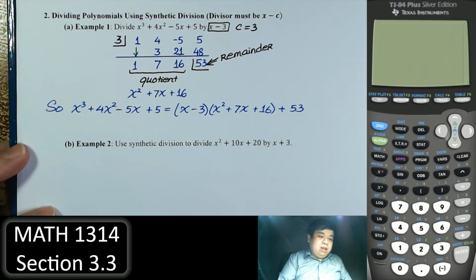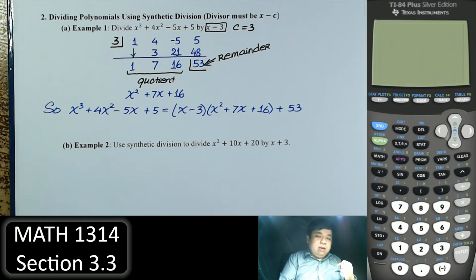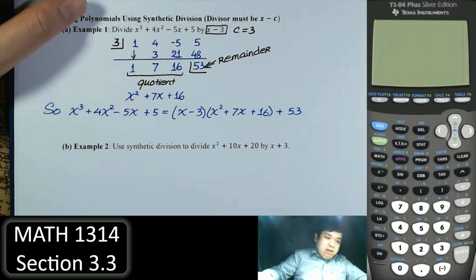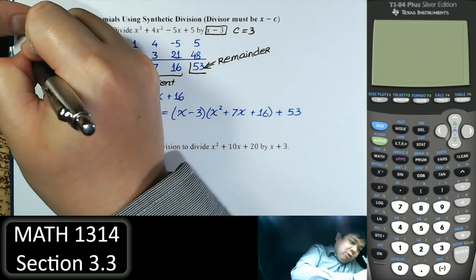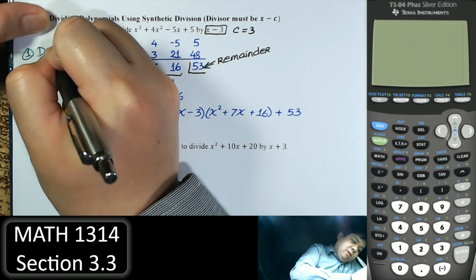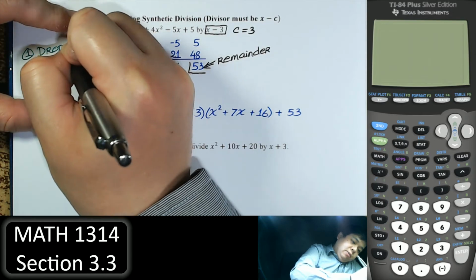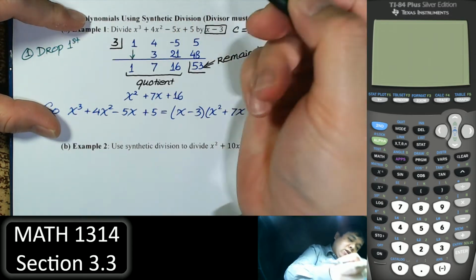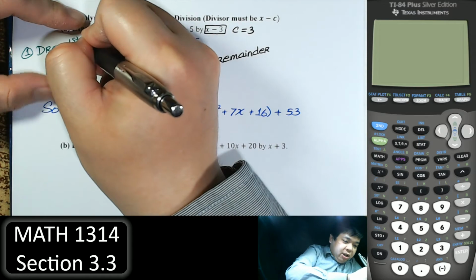Now, simple enough. Once again, the steps. So I'm trying to write down the steps. Number 1, write the first coefficient of the first number.